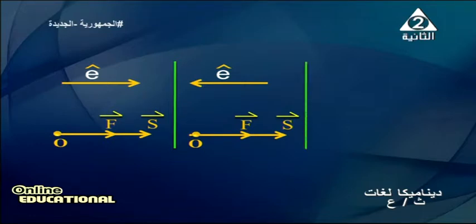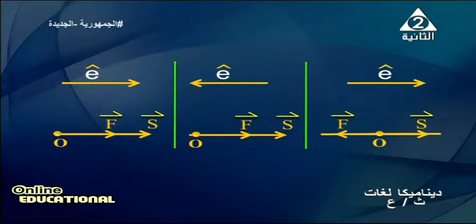But the third case, if the displacement vector and the force vector are in two opposite directions, S in the direction of E and F in the opposite direction of E, then the product of vector F and vector S in this case is negative. Then the work is positive if the two vectors F and S have the same direction, positive or negative. In case the two vectors F and S have different directions, then the work in this case is negative.